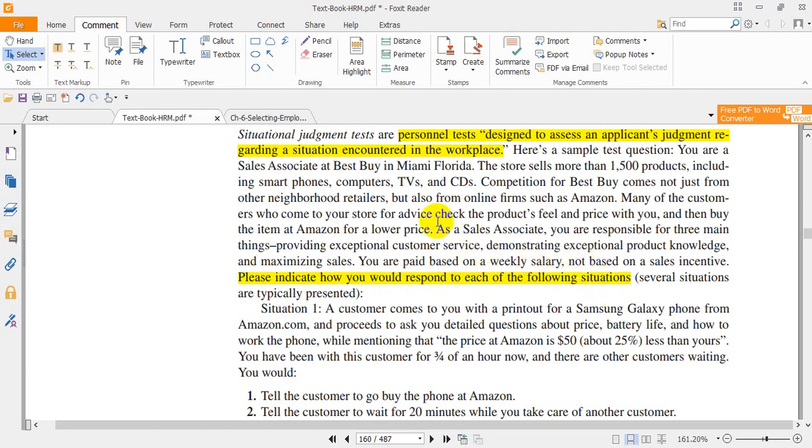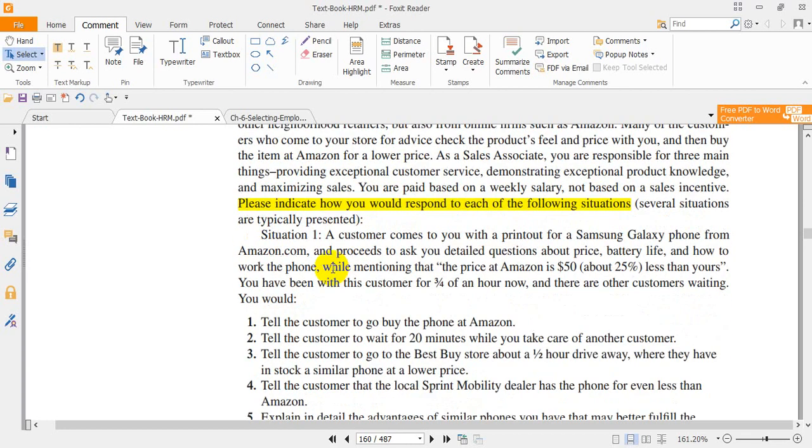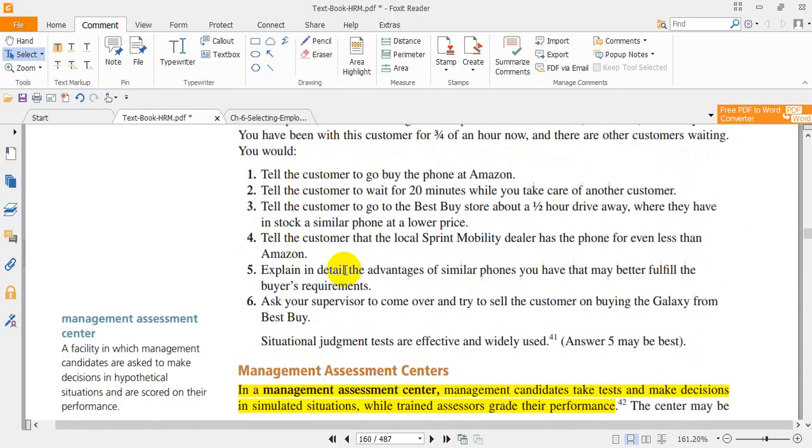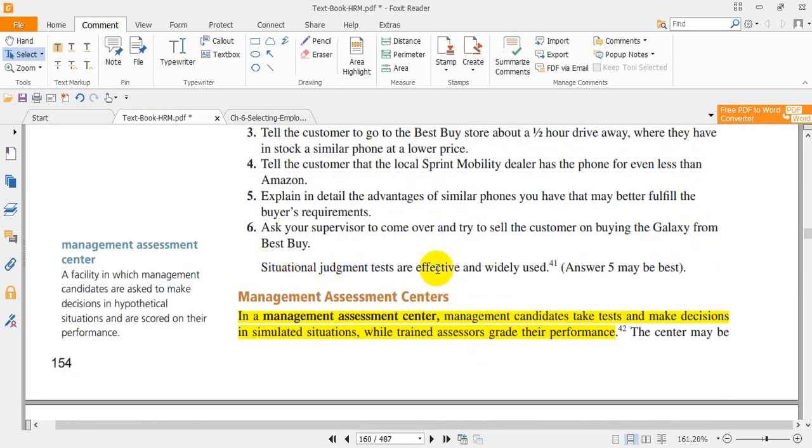So we give the applicant some situations and see how he will deal with these situations, and the supervisor or the assessor can rate the answer and how the candidate will deal with the situation. Situational judgment tests are effective and widely used.